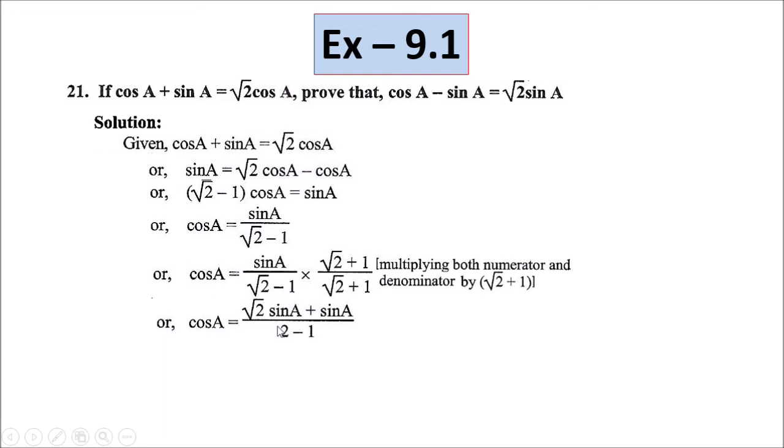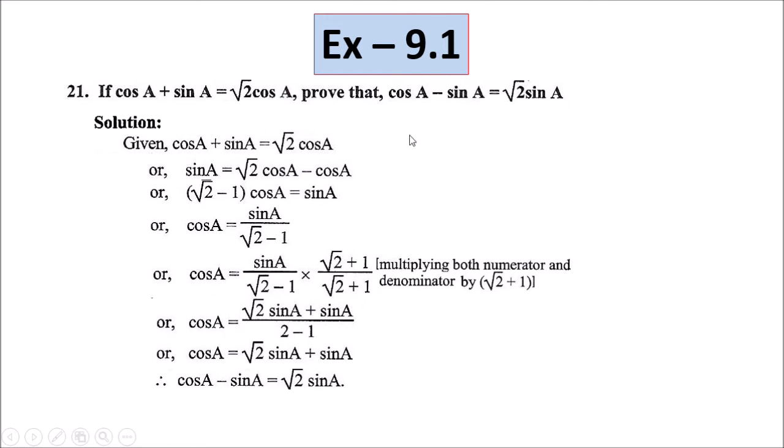So root 2 square means 2 and minus 1 square means 1. So 2 minus 1 remains, 2 minus 1 means 1, so nothing is there. So root 2 sin a plus sin a remains. If you transfer this sin a to the left side, cos a minus sin a equals root 2 sin a, which we have to prove.